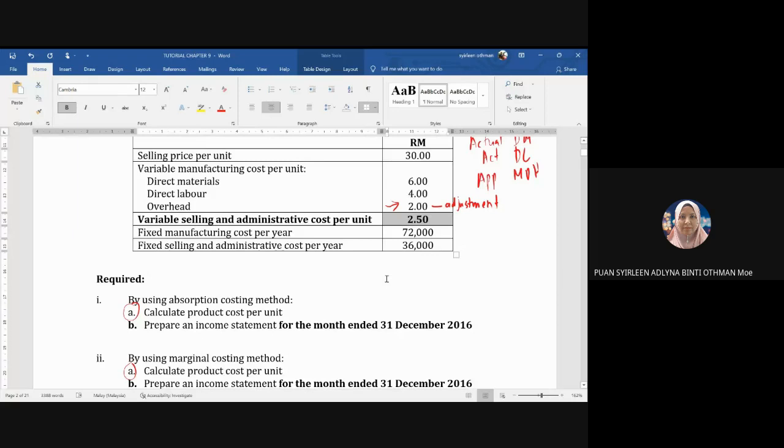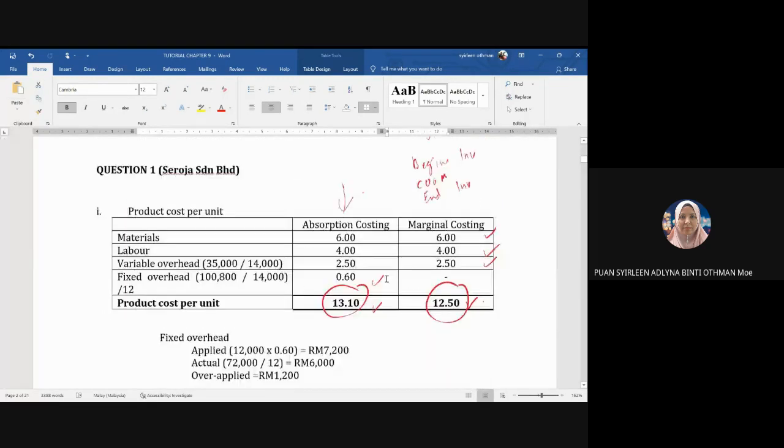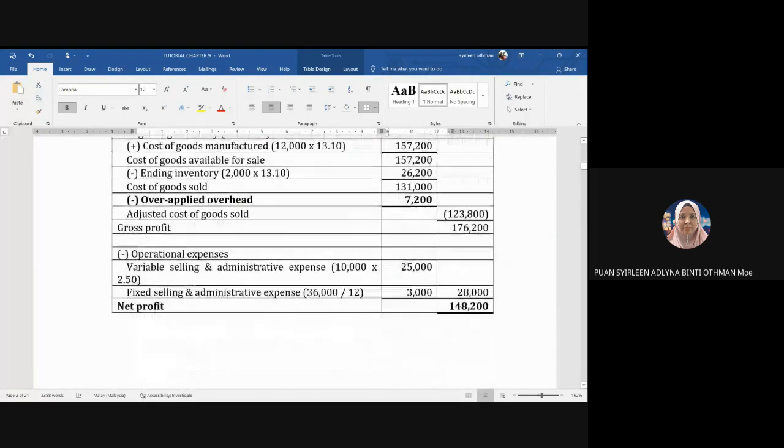Okay, so you kena pandai tahu, kena faham lah di mana kita nak guna unit sold, di mana kita nak guna unit produce. Okay, alright, so now my variable expenses ni, okay, selling and admin expense ni will be 10,000 multiplied by RM2.50. So I get 25,000 here.